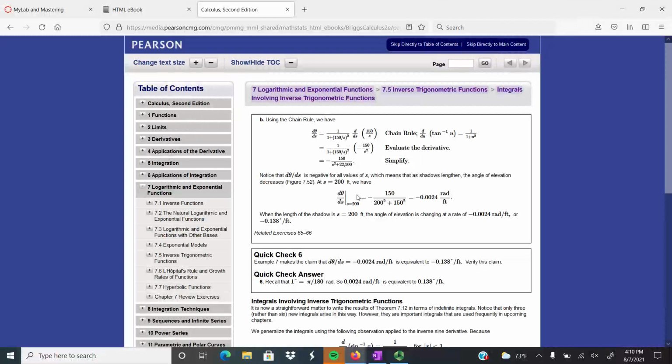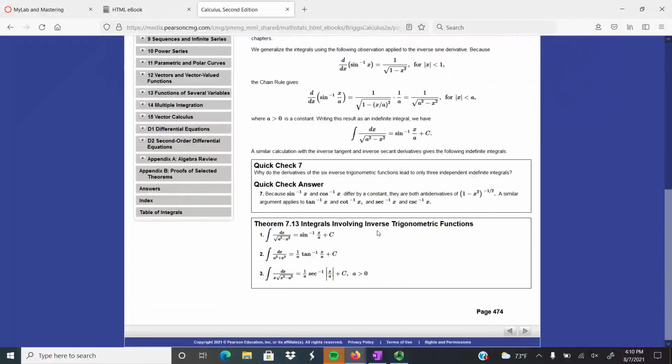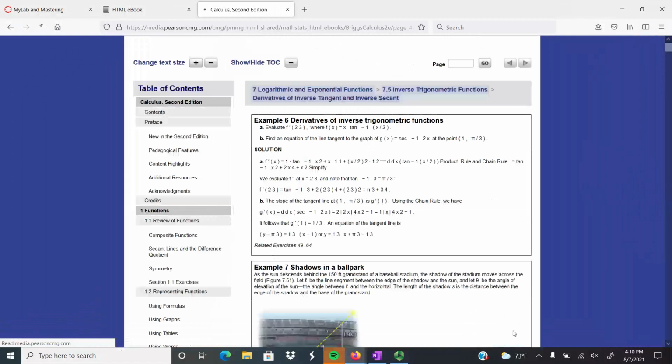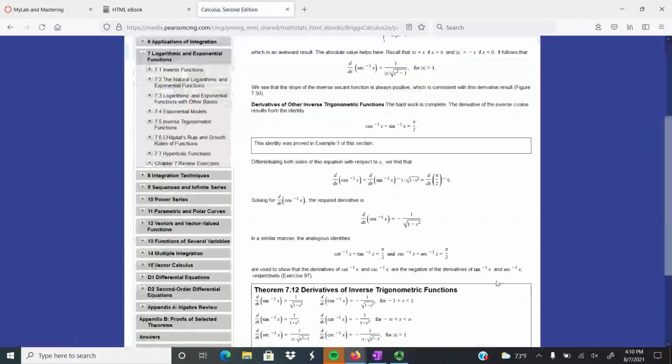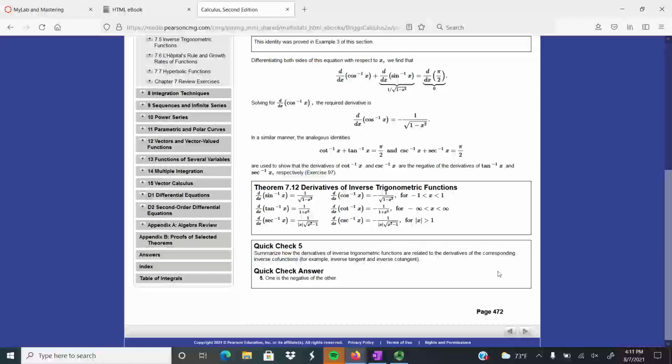And so here's page 472, and there's my derivatives of my inverse trig functions given in that table. Right? And so you'll find those there. Okay?